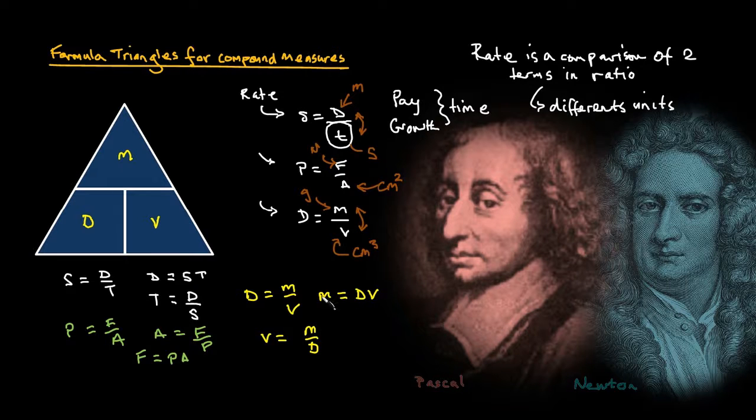So you can do it algebraically, and you should certainly be practiced in doing that, but I think these triangles are quite a useful way of just making life a little easier. Fill in the triangle correctly and you have three formulae for the price of one.